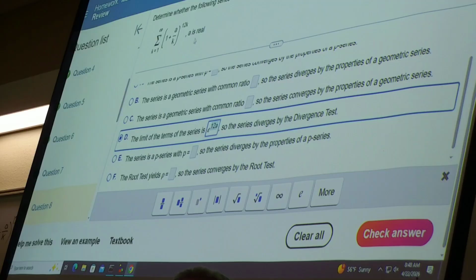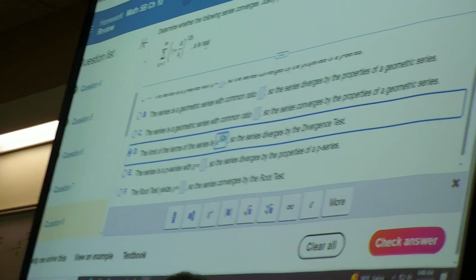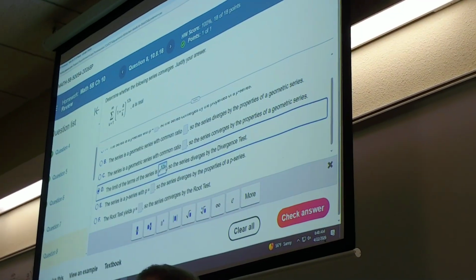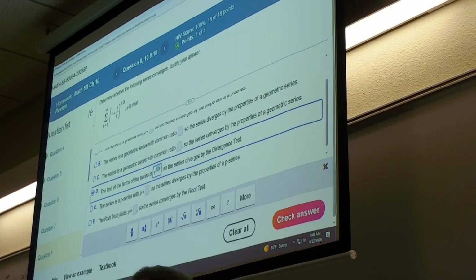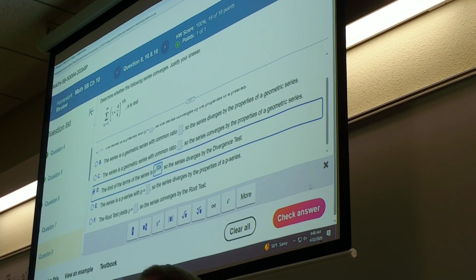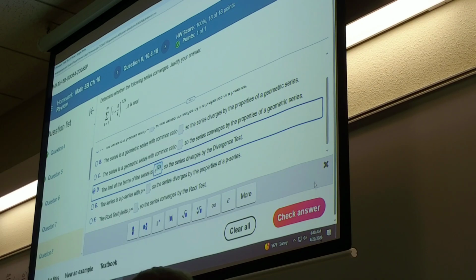Notice it told us up here, a is real. So crazy stuff could happen if a was allowed to be complex, of the form i, the square root of -1. I don't know if it can make it 0, but crazy things could happen. And we're going to see that in this chapter 11. I can't wait to show you.